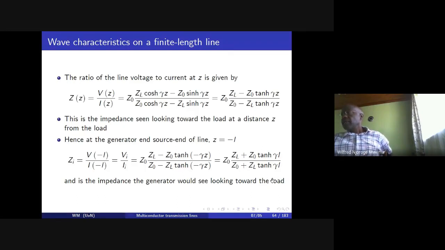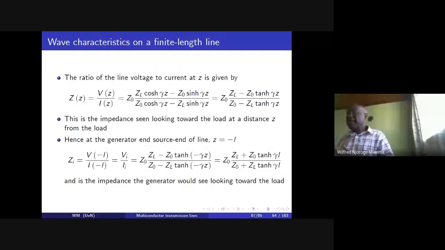Okay. So as far as the generator is concerned, the load that is connected to it has an impedance Zi, regardless of what that line is. And we can reduce, therefore, the termination of the line and the line section itself to an impedance of Zi.